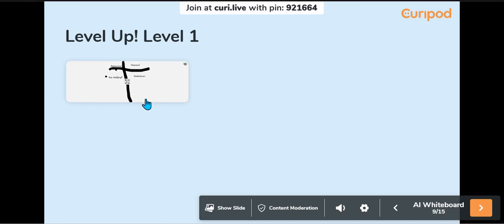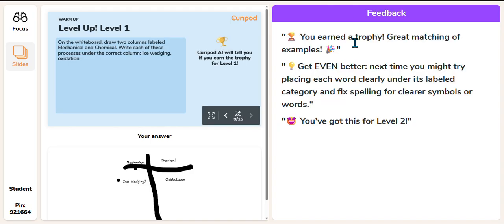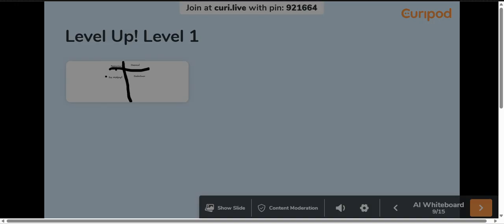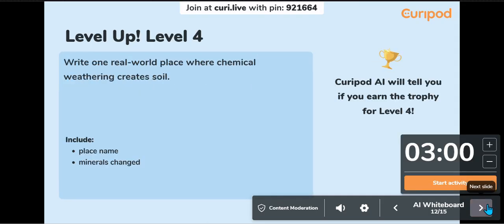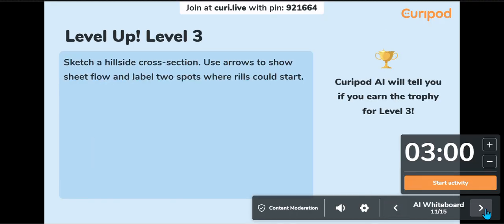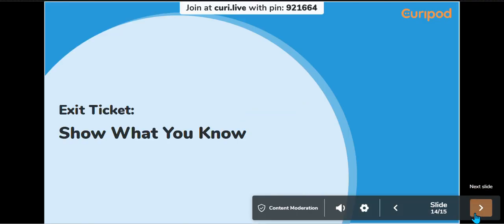We wrote mechanical weathering was ice wedging and chemical was oxidation, so that's not bad. We earned a trophy. We're going to skip the rest of these levels. Let's say we collected four trophies, because why not?